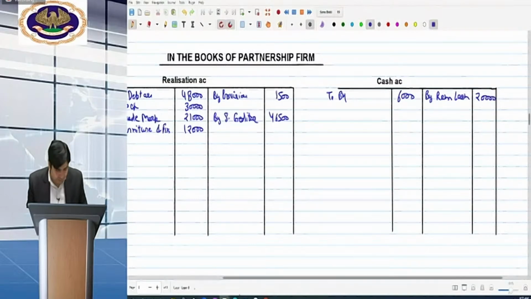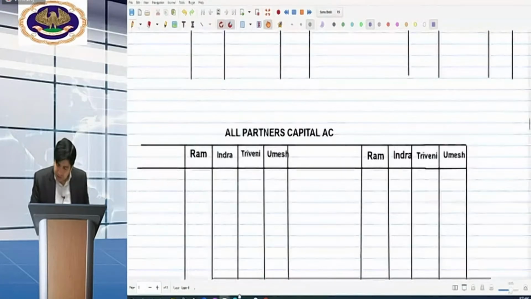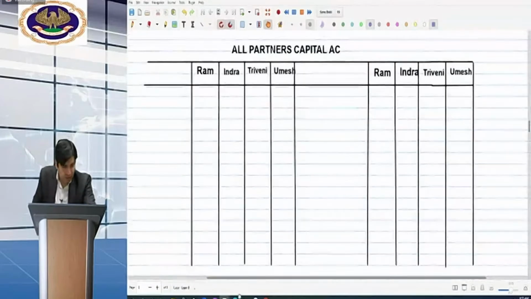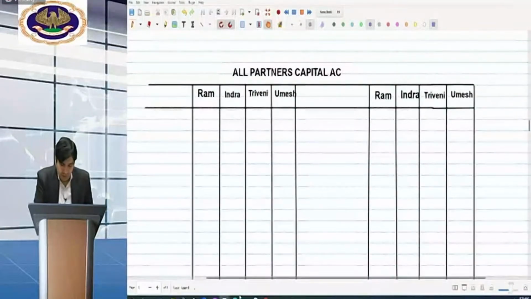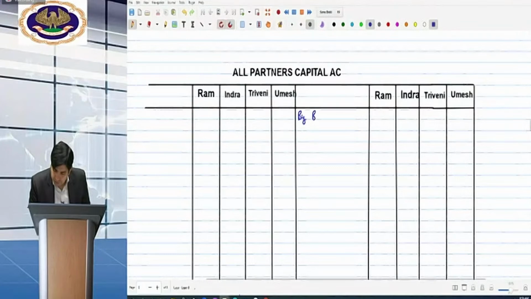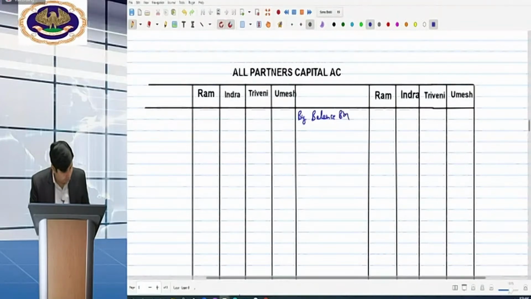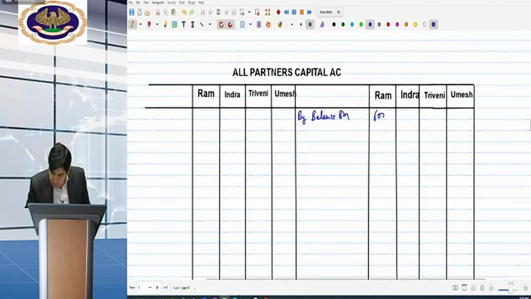Now step number 2, transfer the owner's related accounts to the owner's accounts. By balance brought down, that is the trade balance of Ram and Indra, that is 60,000.